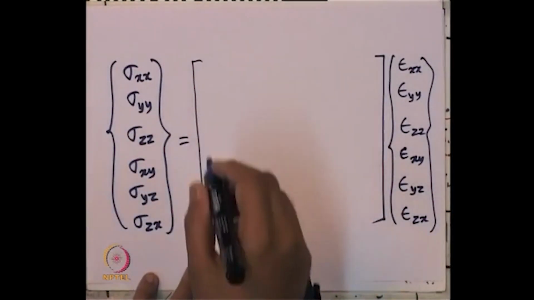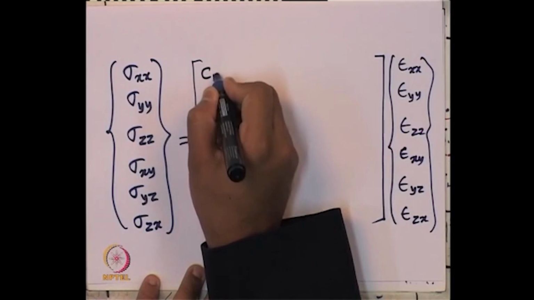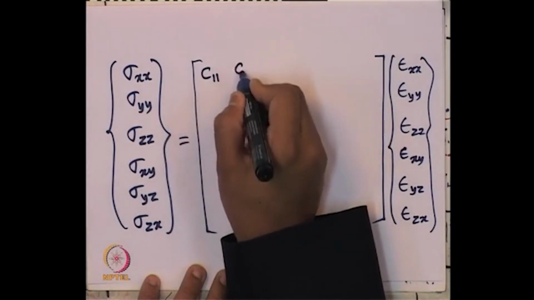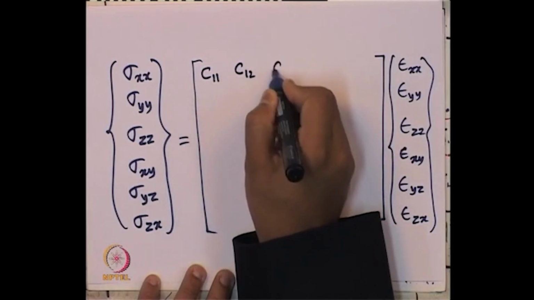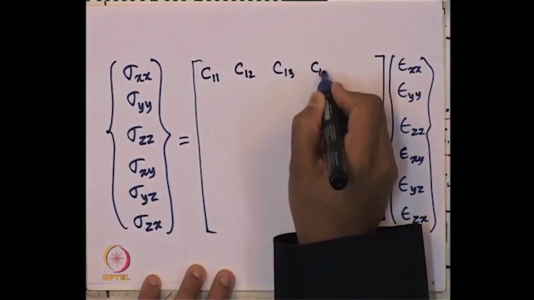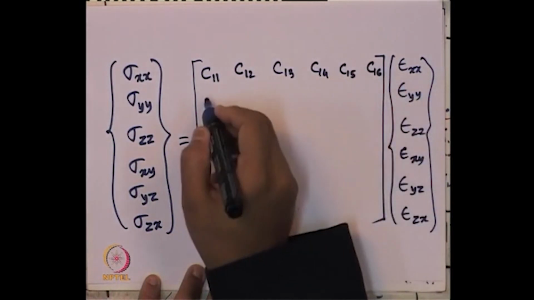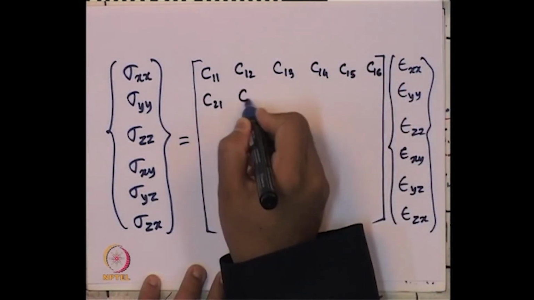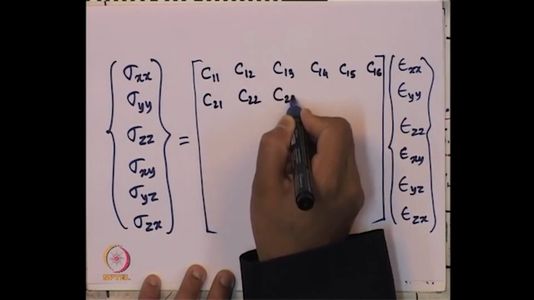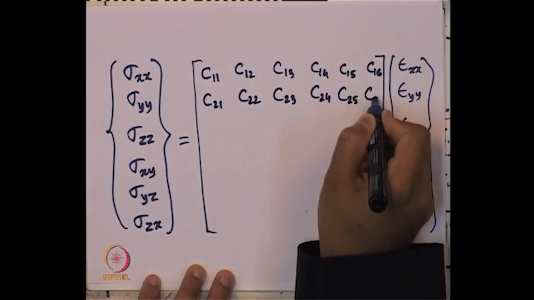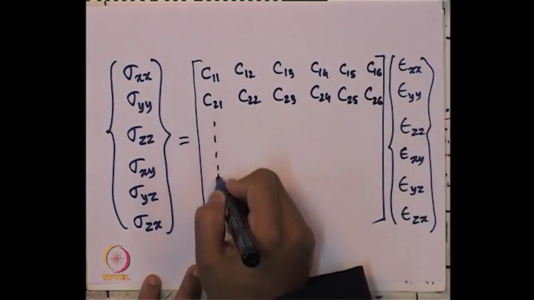They are related through this matrix that we were showing over here: C 11, C 12, C 13, C 14, C 15, C 16, C 21, C 22, C 23, C 24, C 25, C 26, and so on.